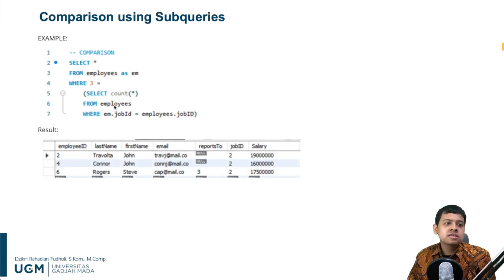Another example for comparison: we select star from employees where 3 is equal to select count from employees where job ID is equal to employees job ID.